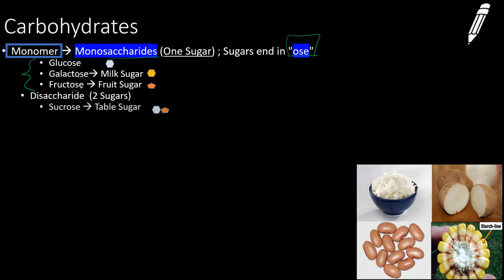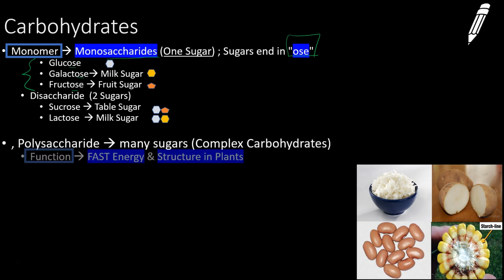A disaccharide is two sugars. So sucrose, that's table sugar. If you've ever added sugar to anything at your house, it was sucrose, okay? And sucrose is one glucose and one fructose bonded together. If you've ever heard of the phrase lactose intolerance, lactose is another milk sugar, okay? And it's actually glucose and galactose bonded together. That forms a disaccharide.